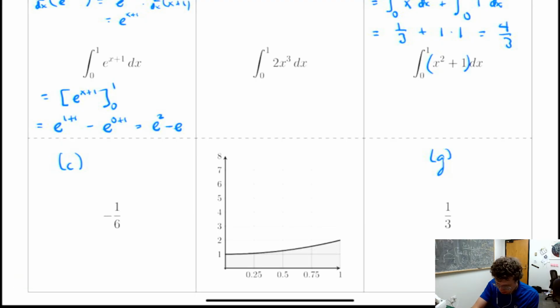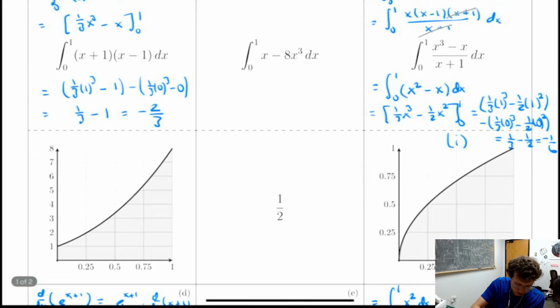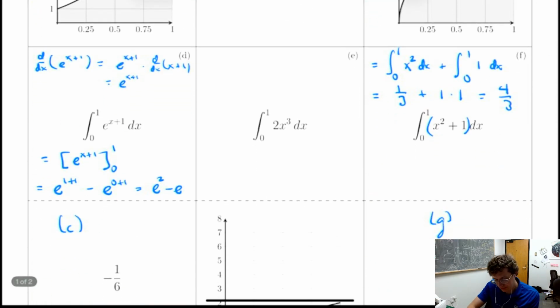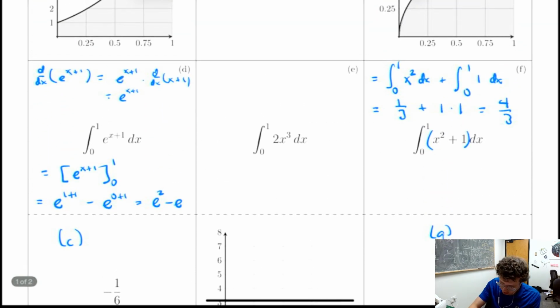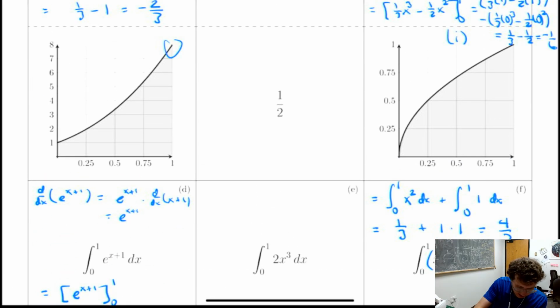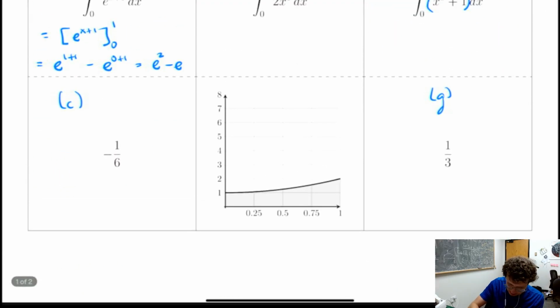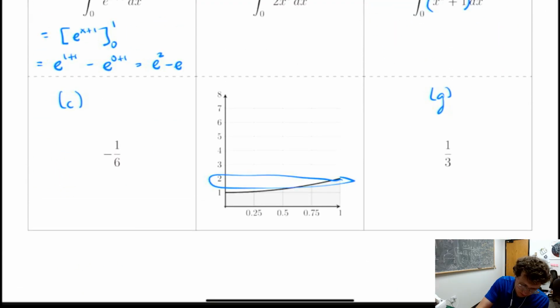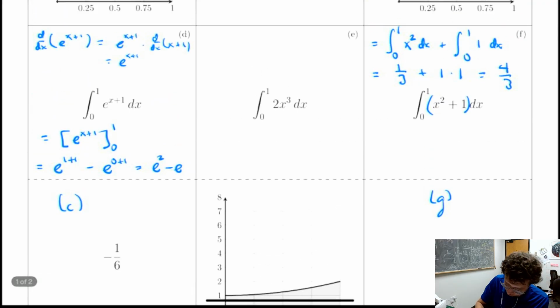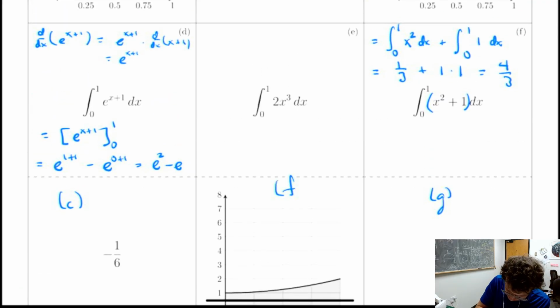Like if I plug in x equals 0, I should get 0 plus 1, which is 1. Yep, I see 1. But I also see 1 here. So that doesn't rule out either option. But when I plug in an x value of 1, I get 1 plus 1, which is 2. That is not 2, that's 8. And this is 2. So this is the graph that matches with domino F.